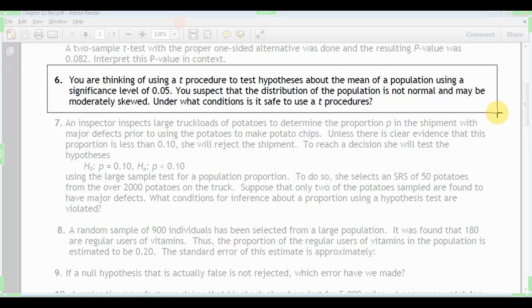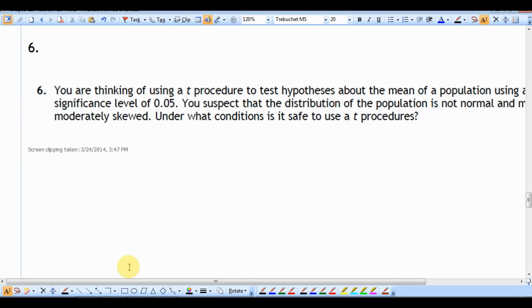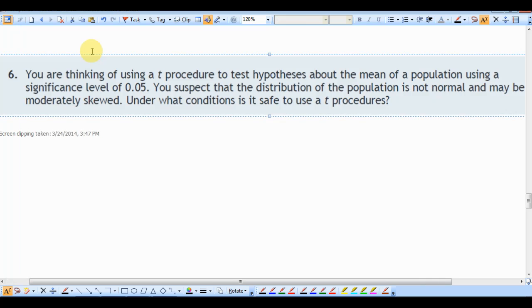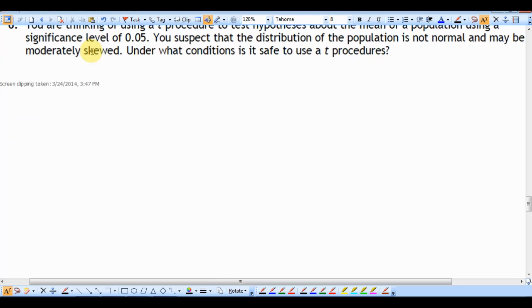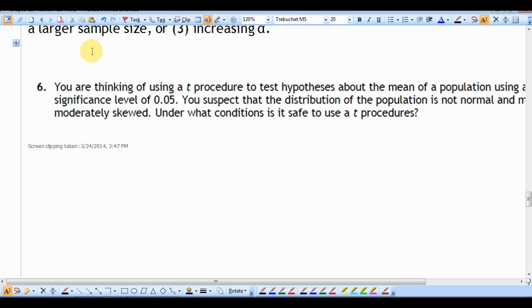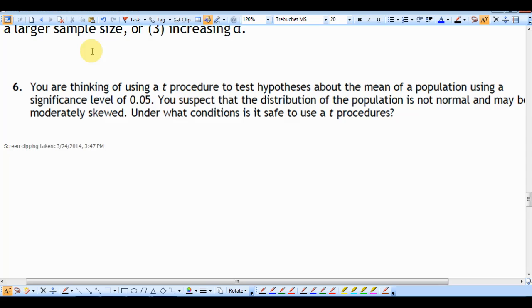Okay, so we can take a look at question 6 now. You're thinking of using a T procedure about the mean of a population using a significance level of 5%.